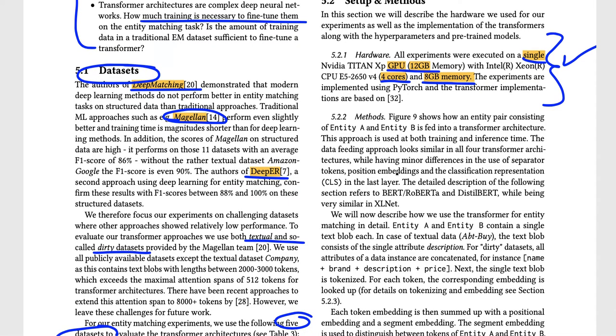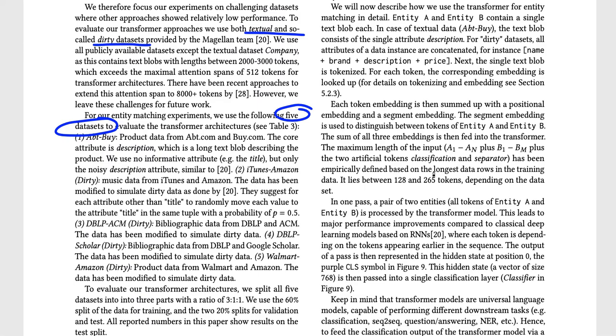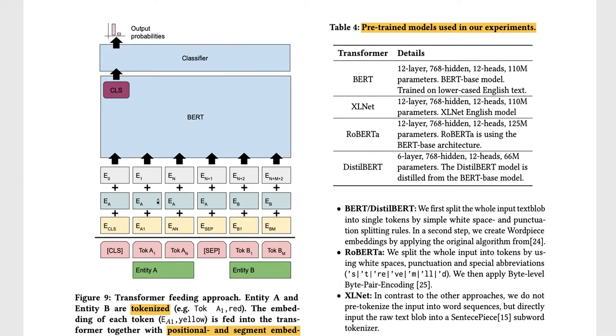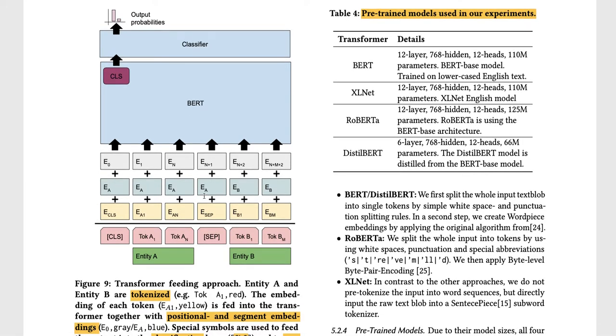And then with respect to the method, maybe I will go to the architecture, or rather the block diagram shown here is pretty neat. Let's understand how the data is pre-processed before it is pushed into the BERT and related BERT models. First is a classification token, because we are ultimately doing entity matching. So entity A and entity B are tokenized, token A1 till token AN, and similarly B1 to BM.